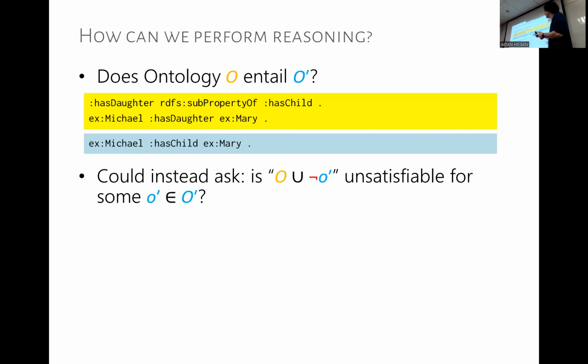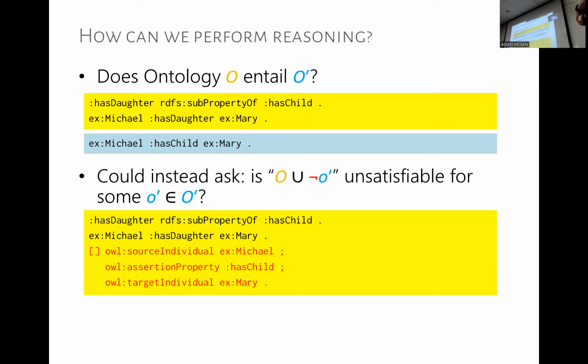If that's the case, O entails O prime. So if O prime follows as a logical conclusion from O, something in O prime, if we negate it, must contradict O.